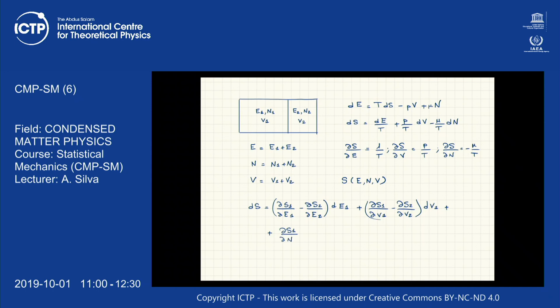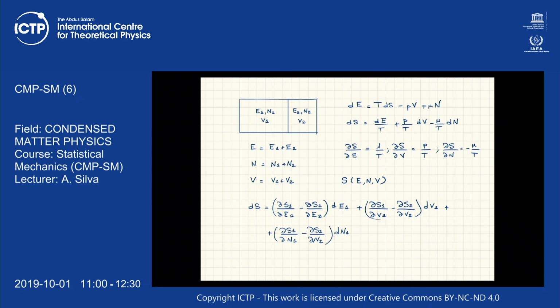I will explain this in a second. Now, this is just the total variation of entropy, assuming that I'm fixing E, N, and V, but E1 and E2 can vary, maintaining this constraint.